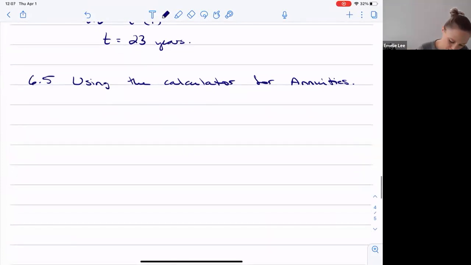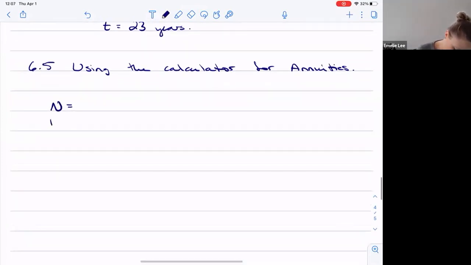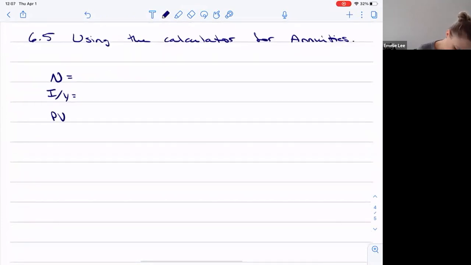To list all our inputs, I'm just reading across the top row, the white row of buttons here, and it looks similar on the app. So I just list them in order, and I want them in the same order, otherwise it gets really confusing for me when I'm reading them. So N equals, the interest per year equals, the present value equals, the PMT.